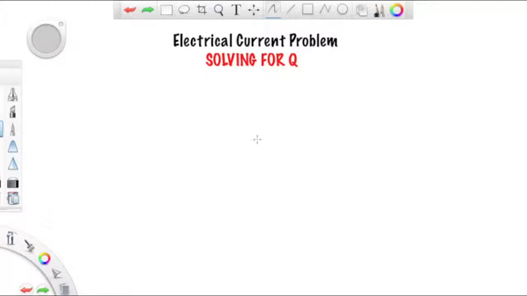When it comes to solving for Q in an electrical current problem, we must rearrange the formula that we're given. To reiterate, our formula is I equals Q over time, or T. Now, if we're solving for Q, we have to leave it alone and isolate it, so we have to get rid of this T. To do that, we multiply this T on this side and that side.